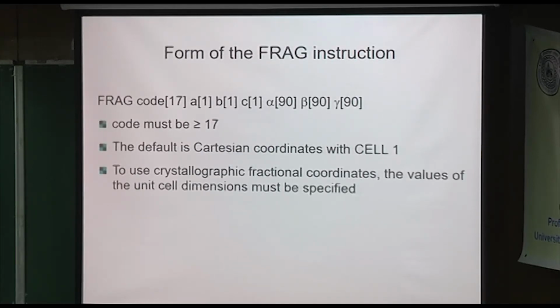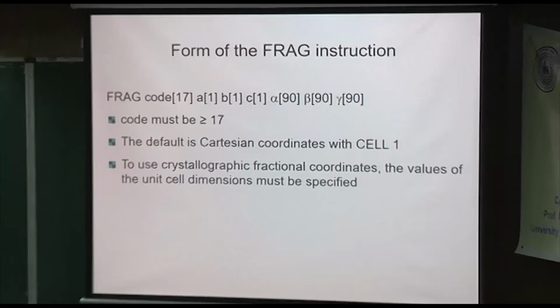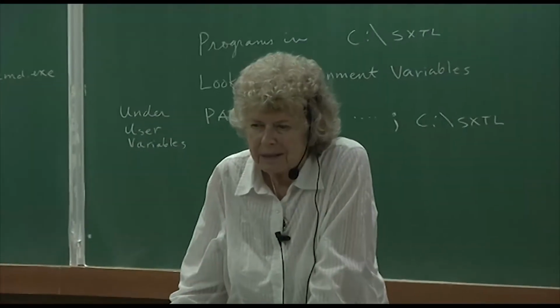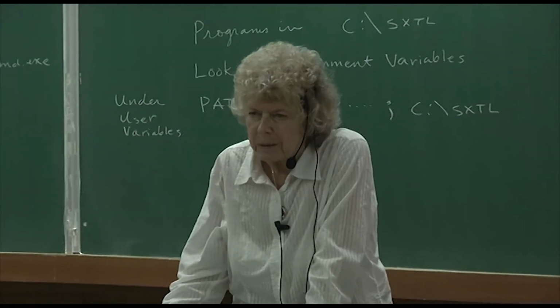Okay. If it's in a different molecule, a different structure, not the same structure, the easiest way to do it is to convert that to Cartesian coordinates, because it's in crystallographic coordinates, and in another structure, it's not going to have the same coordinates. But the Cartesian coordinates can be read in.